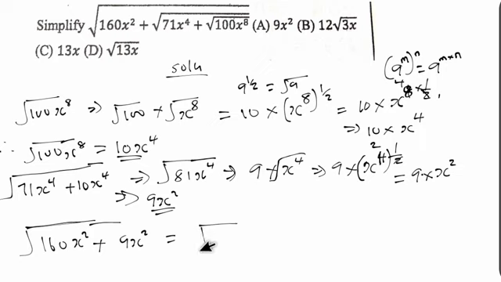So now we have the square root of 169s raised to the power of 2. Since this s squared is common to both, you can add the coefficients 160 plus 9, where I have 169s to the power of 2. Now let's solve this the same way we did earlier. The square root of 169 is equal to 13, multiplied by the square root of s to the power of 2.